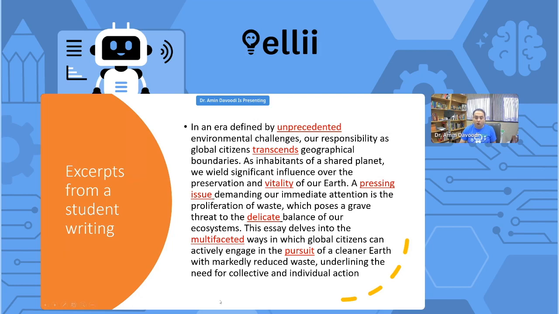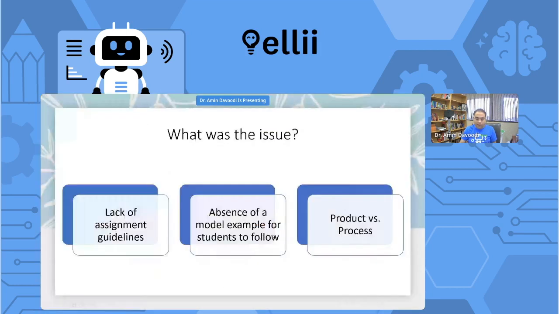So I'm going to argue that Jack, and basically in this example, we had 3 different issues. So the first one was lack of assignment guidelines. The second one was absence of a model example for students to follow.